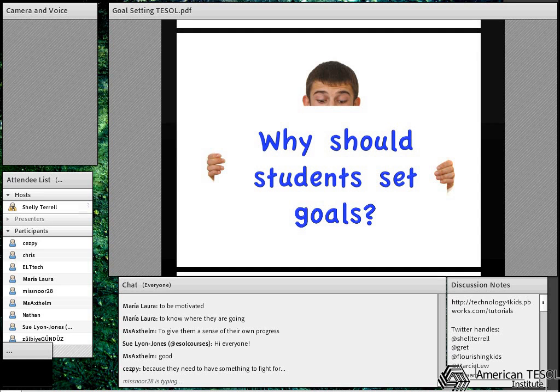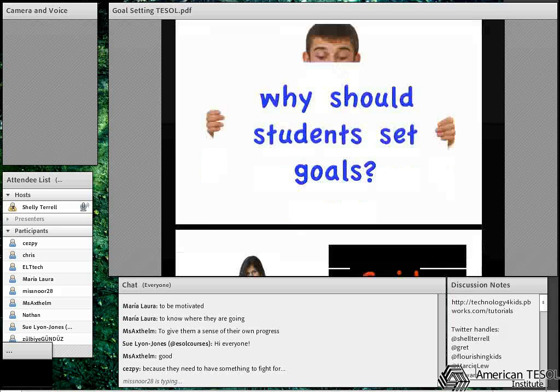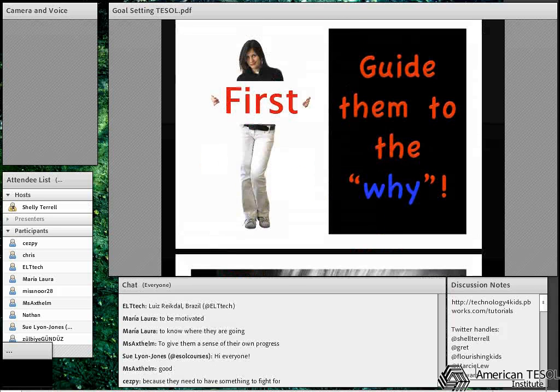One of the first things we need to do is to guide them to the why. So now that you've already listed the why in the chat box and given really good reasons, it's important that our students understand why too. For them, the why, each student is going to be different. It's not going to be the same for every single student.